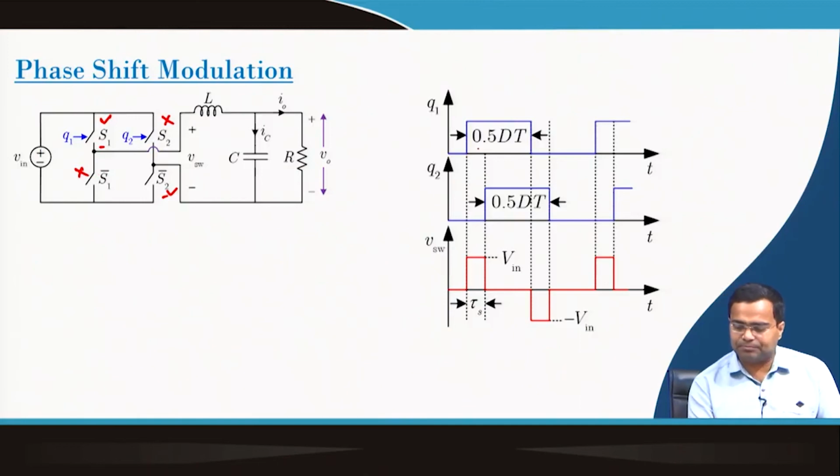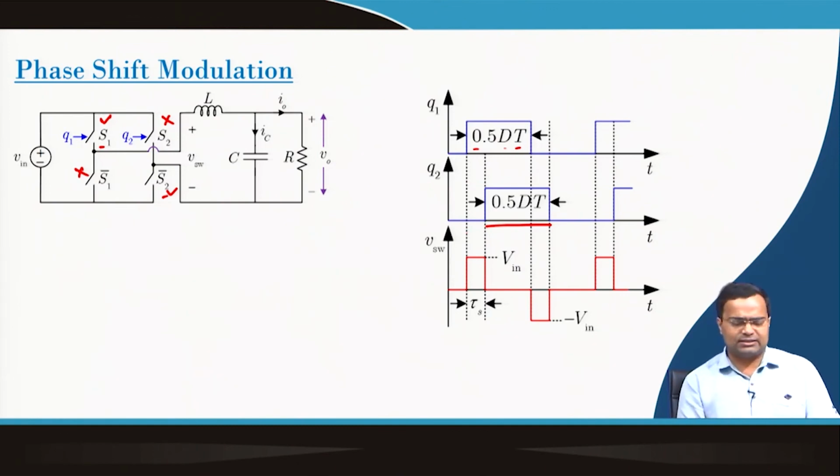If you use a 50% duty ratio clock for these switches and create a phase shift between them, let us say S1 and S2 bar switches are on, and in that case Q2 is off, then what is the input voltage?